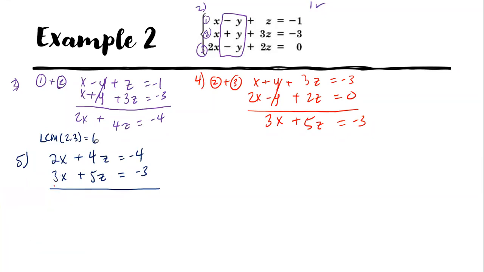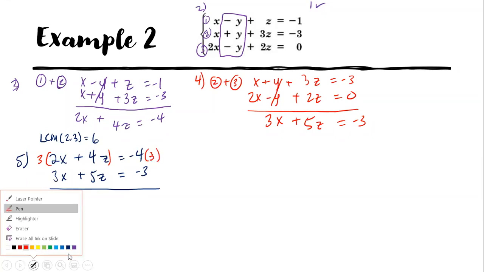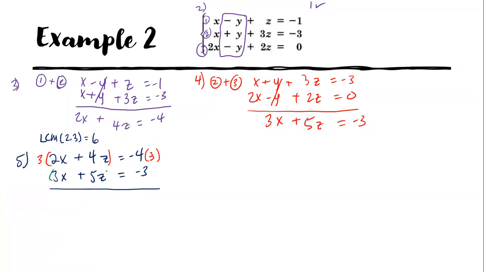So I'm going to have to multiply everything in the first equation by 3, and I'm going to have to multiply everything in the second equation by -2 so that I can ensure that my x's will cancel out. So this is going to lead me to 6x plus 12z equals -12.